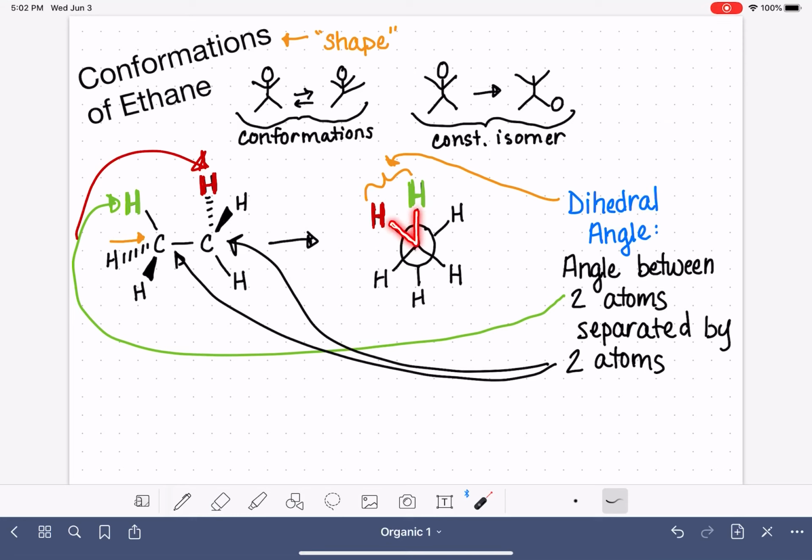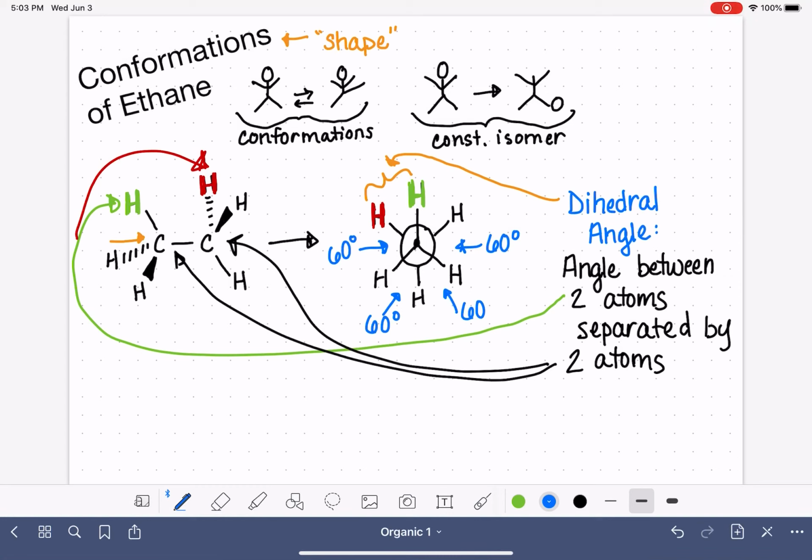So this is just going to go back to your knowledge of geometry. This is a full circle, so that's 360 degrees. It's divided into 6 parts. 360 degrees divided into 6 parts. Each one is going to be 60 degrees. So this particular conformation of ethane has a dihedral angle of 60 degrees.